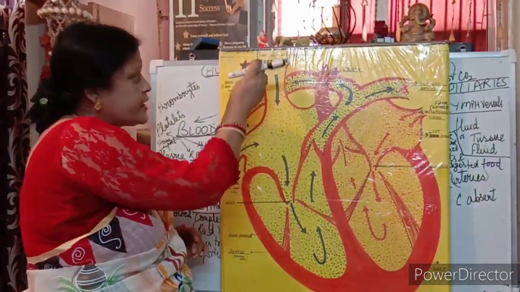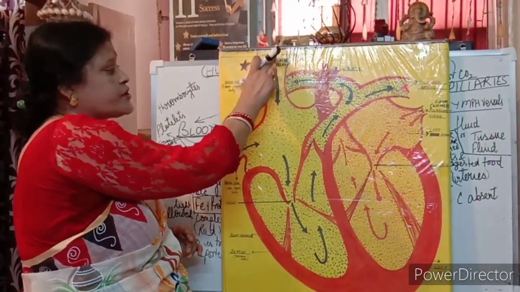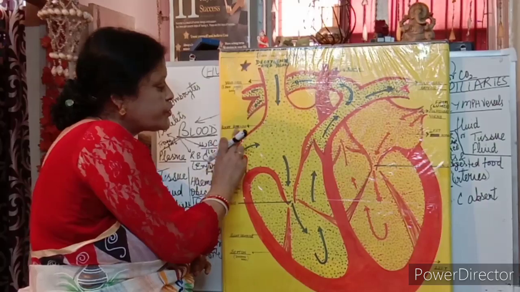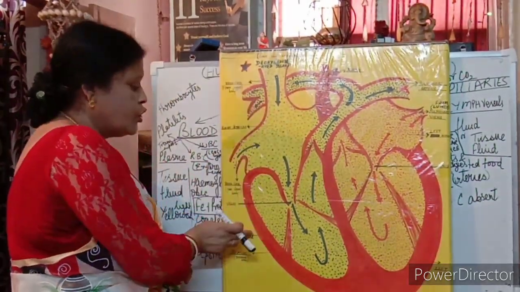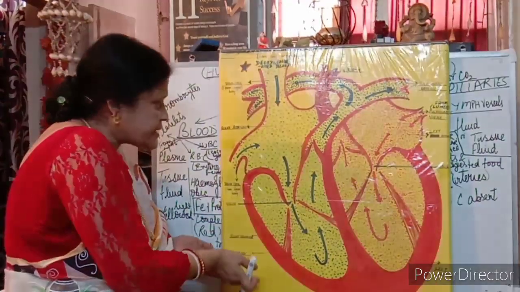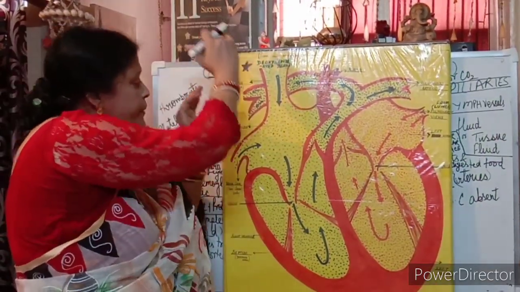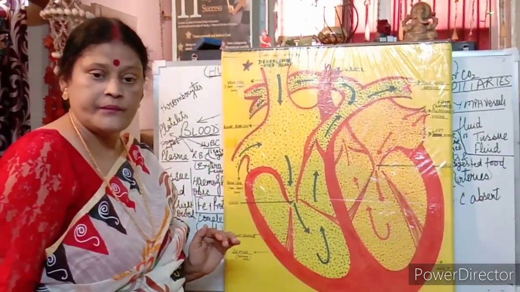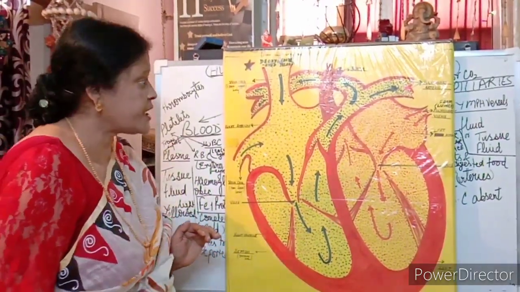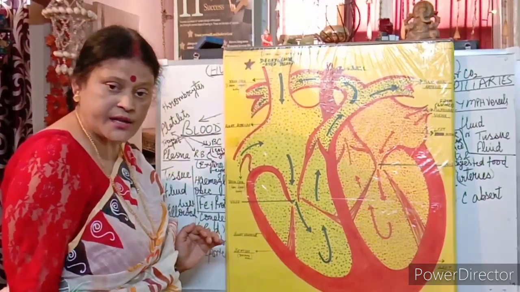Now the deoxygenated blood from different parts of the body enters into the right atrium from upper and lower vena cava. Lower part से जब लेकर आएगा vena cava, upper part से जब लेकर आएगा, this is lower and upper vena cava. Clear? Again I am repeating, human heart is 4 chambered, made up of cardiac tissue.